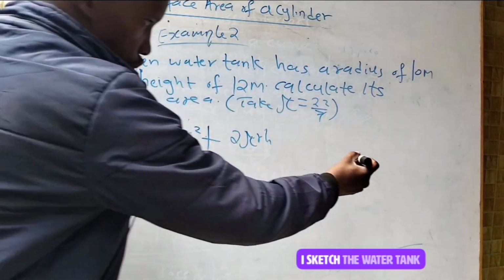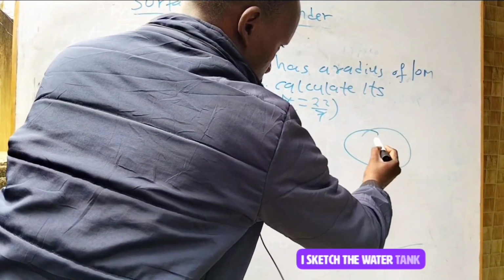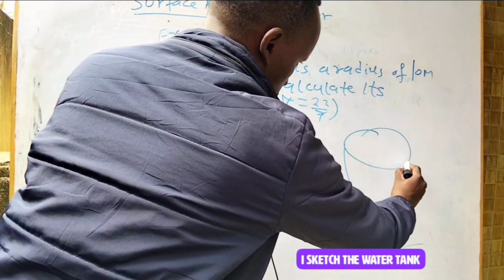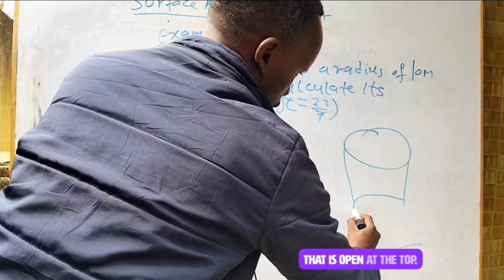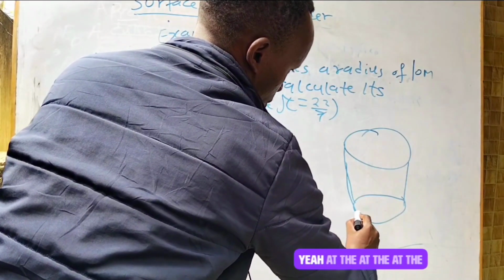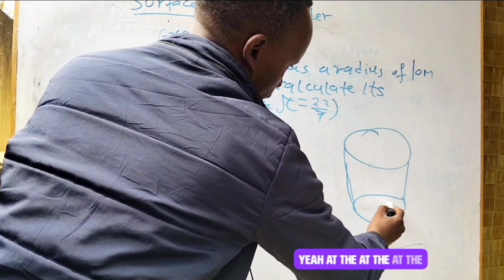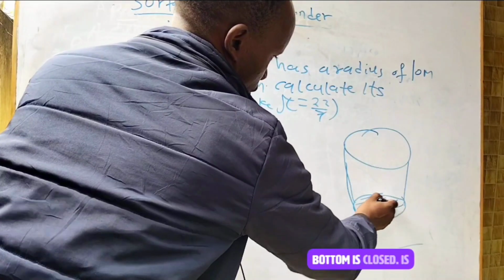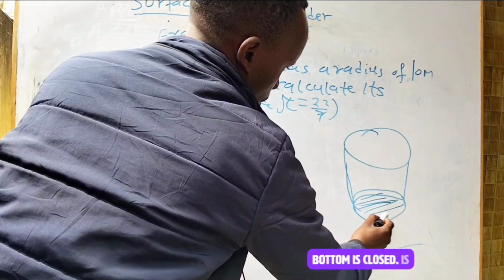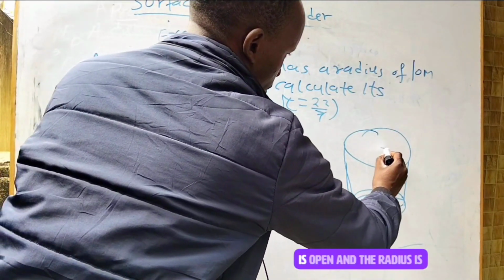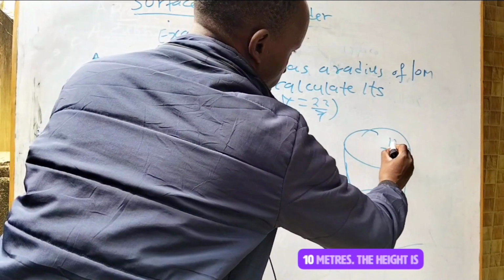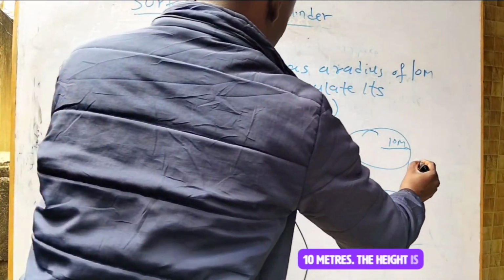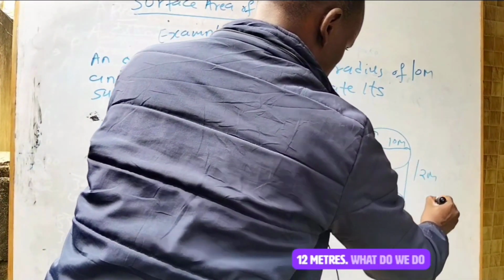If I sketch the water tank that is open at the top, at the bottom it is closed, but at the top it is open, and the radius is 10 meters, the height is 12 meters.